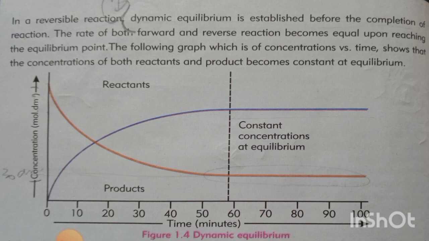At this condition the rates of both forward and reverse reaction become equal upon reaching the equilibrium point. The following graph of concentration versus time shows that the concentrations of both reactants and products become constant with time at equilibrium. So this type of state is known as equilibrium or dynamic equilibrium.